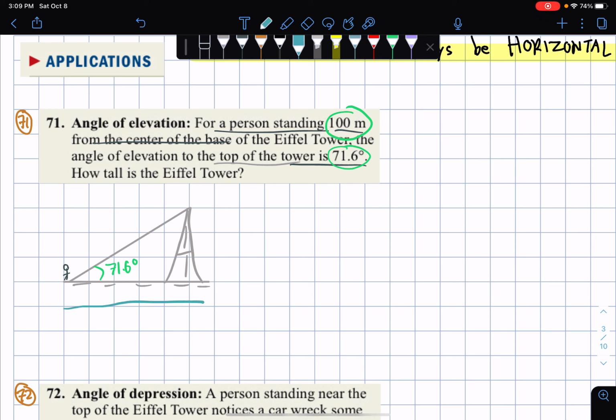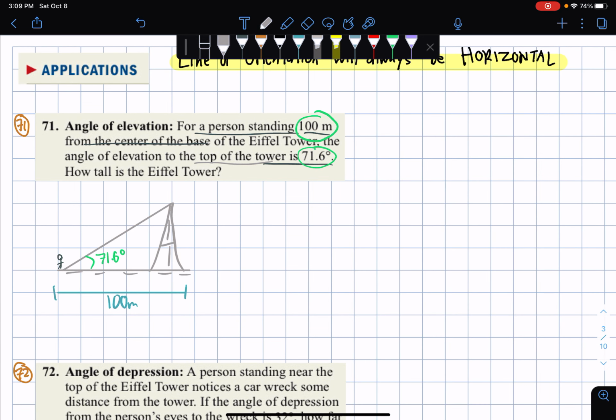So basically, this is going to be our adjacent side. Just assume that this is a straight line over here that would pose itself as the opposite side of this right triangle. So the question is, how tall is the Eiffel Tower? So what's missing is actually the opposite side, this one.